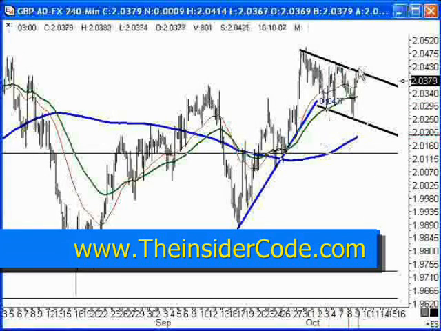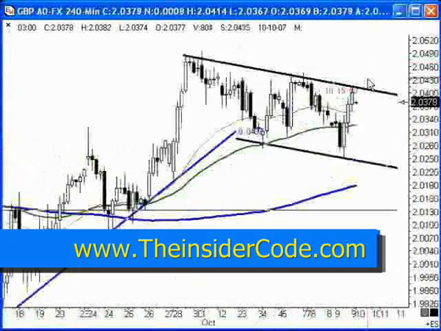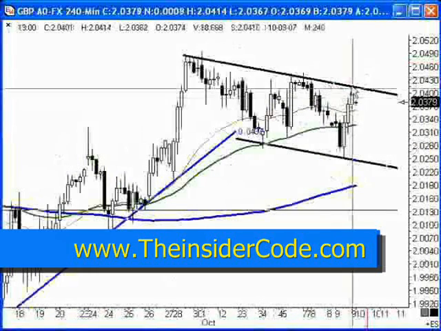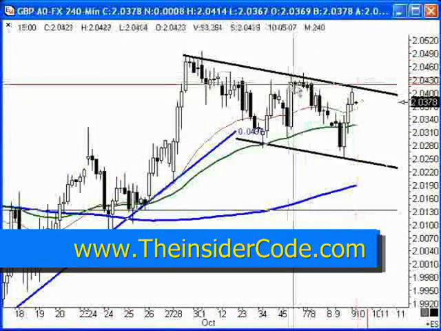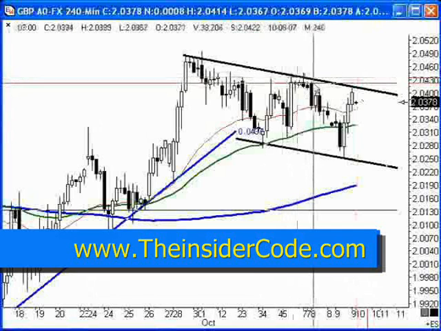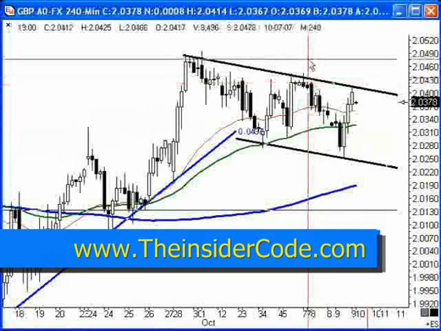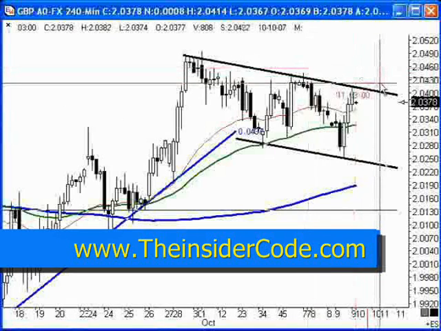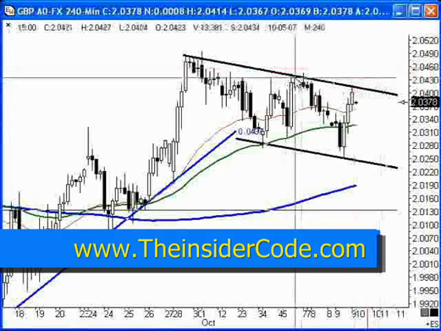Let me zoom in here. I think if the British pound does manage to clear this small area of consolidation, there's a good chance that price will make a run back up here towards the 490 area. But you have to remember that this support zone is going to run all the way up to about 443, 448.